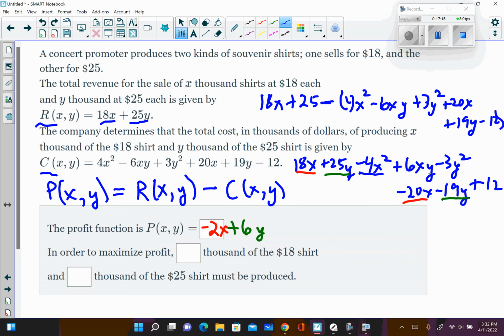Negative 4x squared, there's no other x squared term. There's no other xy term besides the positive 6xy. There's no other y squared term besides the negative 3y squared, and there's no other constant term except for the positive 12. So all of this, red, green, and all the blue, all of that is the profit function.